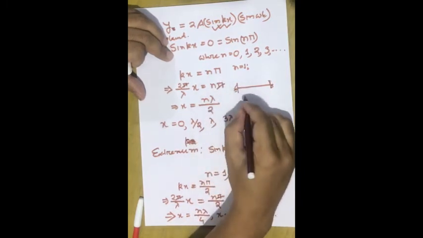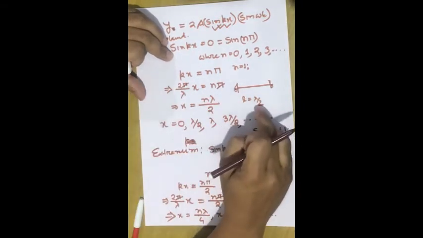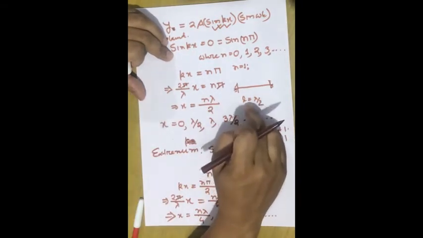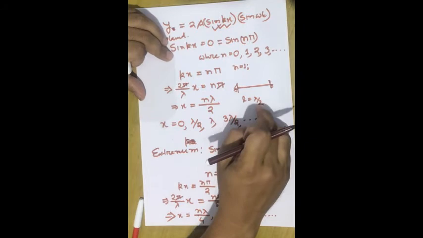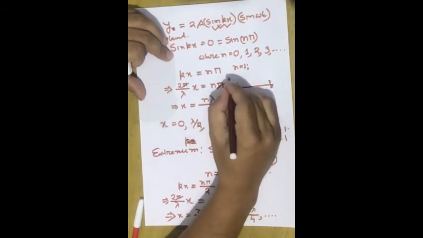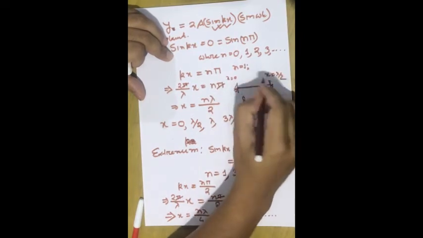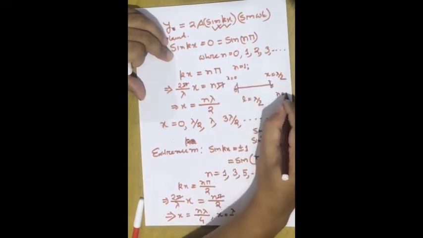Say the length of the string is L is equal to lambda by 2. If both ends of the string are fixed, this is x is equal to 0 and this is x is equal to lambda by 2, and this corresponds to n is equal to 1.